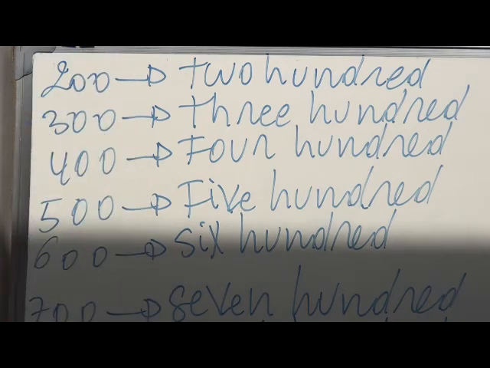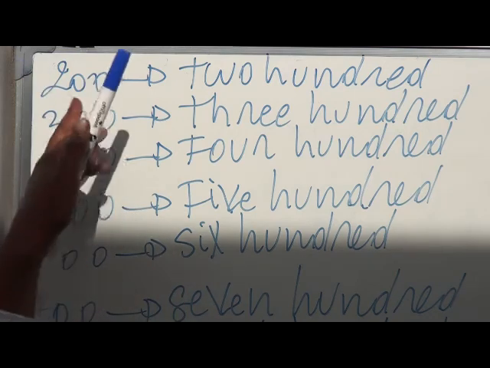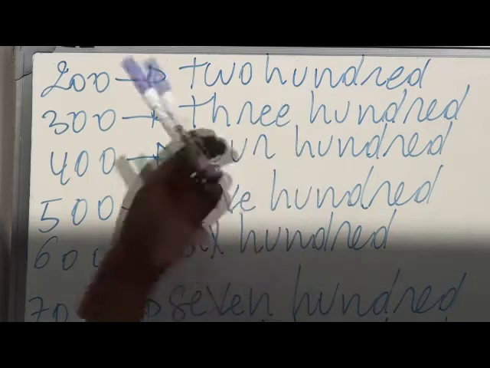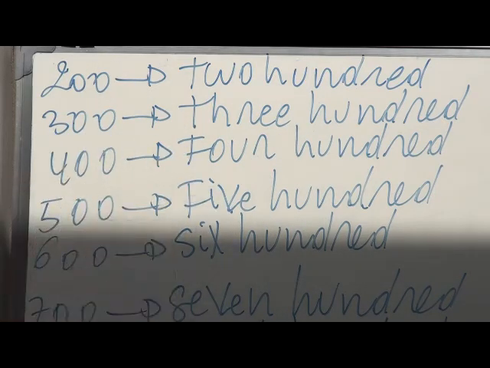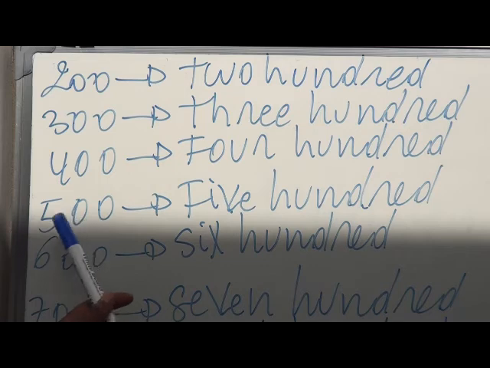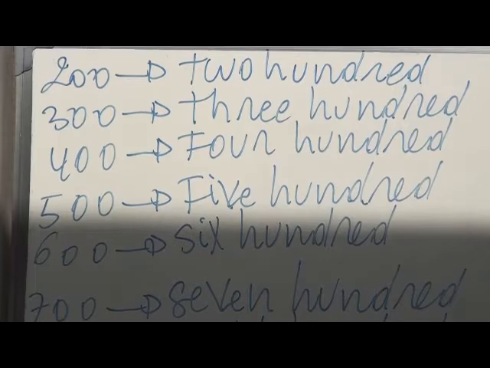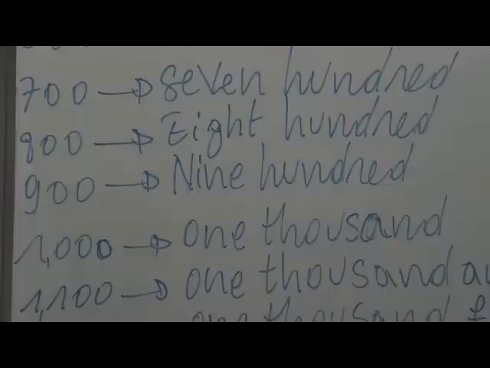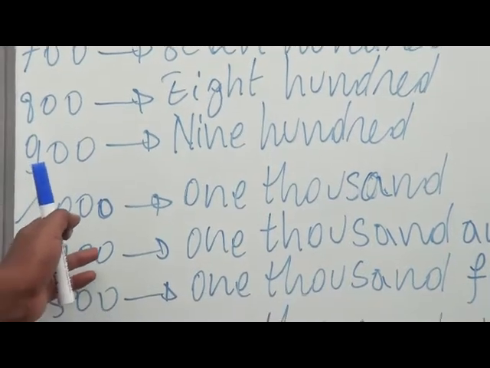So here we will say 200, because we have 2 and 2 zeros. 300. 400. 500. 600. 700. 800. 900. And after 900 we have 1 and 3 zeros.